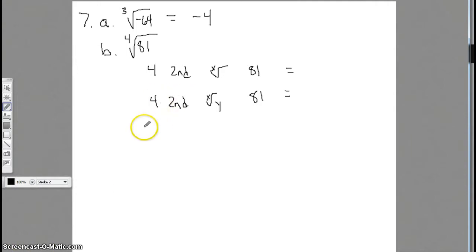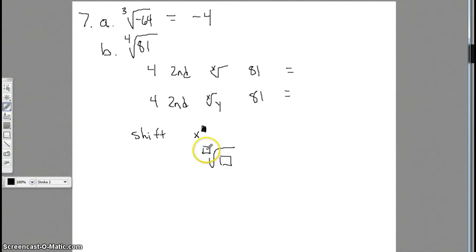And on the Casio calculator, what you're going to need to do is hit the shift button and then hit the X with a little box button. What that's going to do is put you into this mode, and it's going to have a square here and a square here.